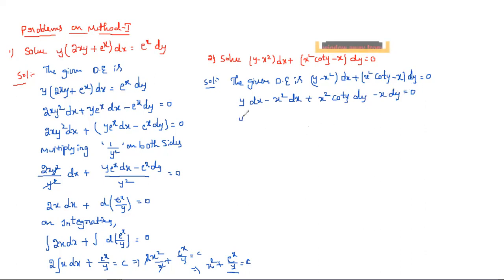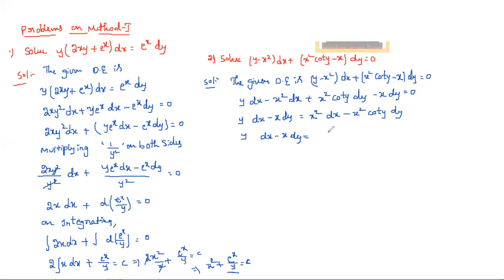Here it is just y dx − x dy. I'm keeping only these terms here and taking the remaining terms to the right-hand side. Then the sign will change, so on the right-hand side it becomes x² dx − x² cot y dy. And here it is y dx − x dy.